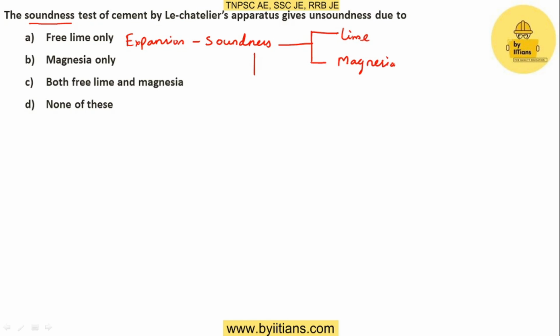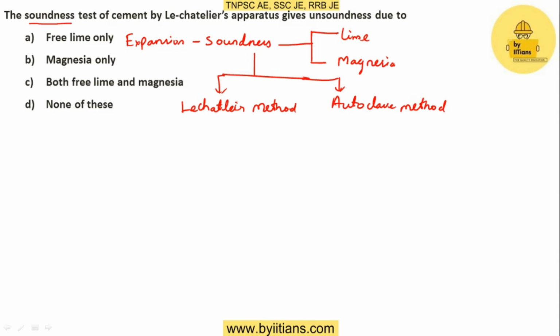This soundness is measured by two methods. The first one is Lee-Chatelier's method, and the next one is the autoclave method. In Lee-Chatelier's method, we are able to find the expansion due to the lime only.